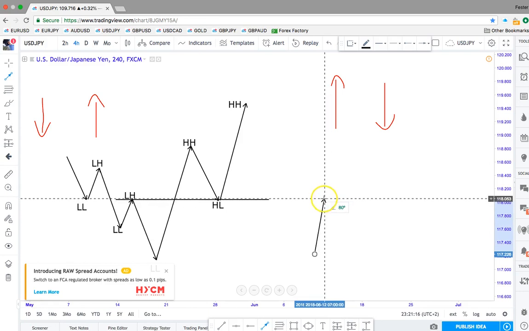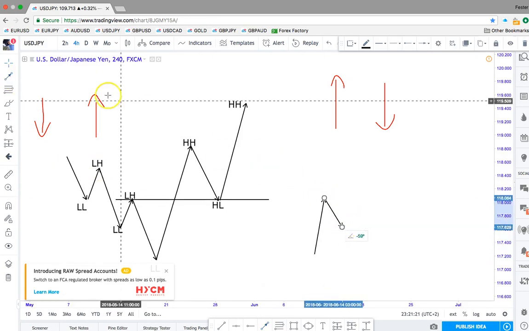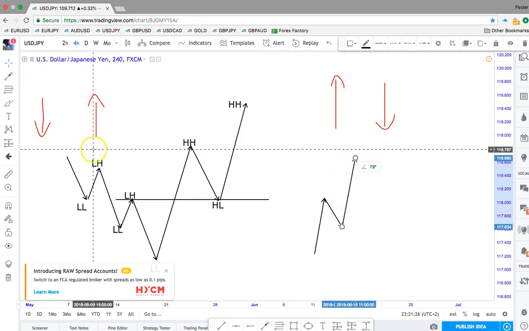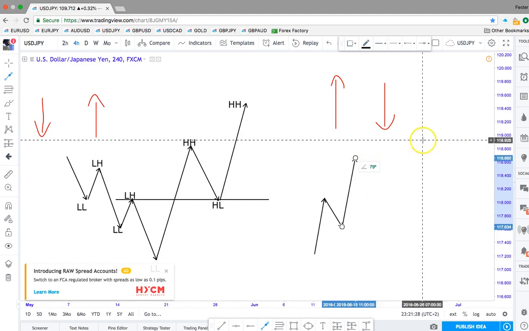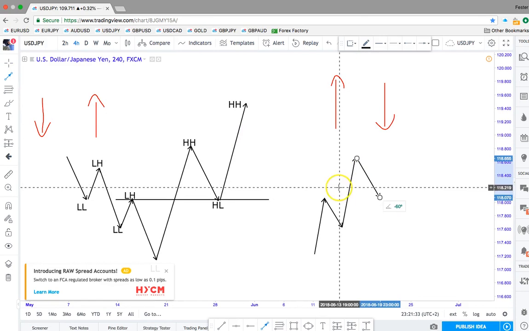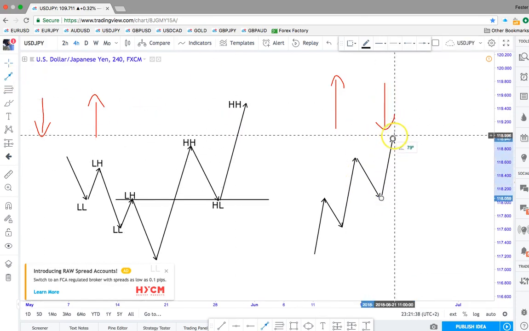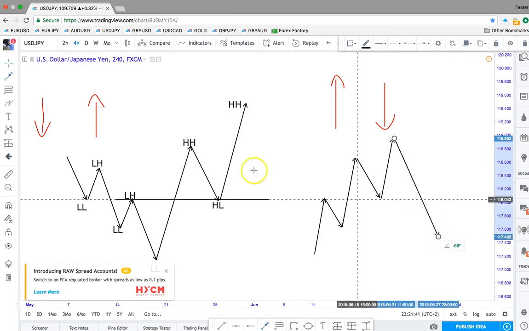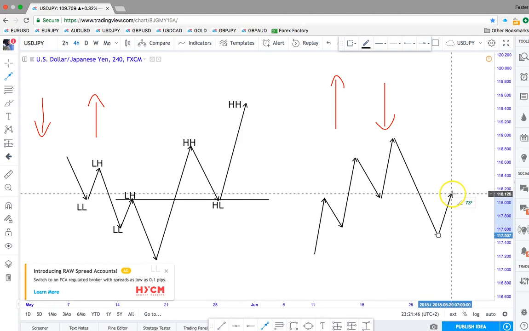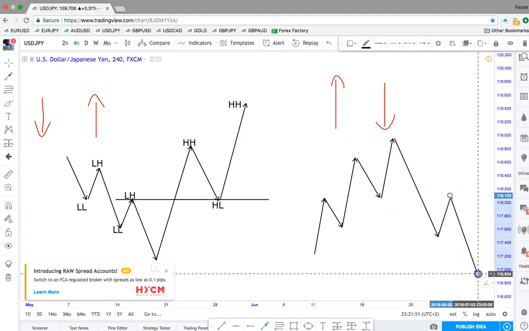So we then add this, followed by this move, confirmed by this one. We would get in and ride it down.